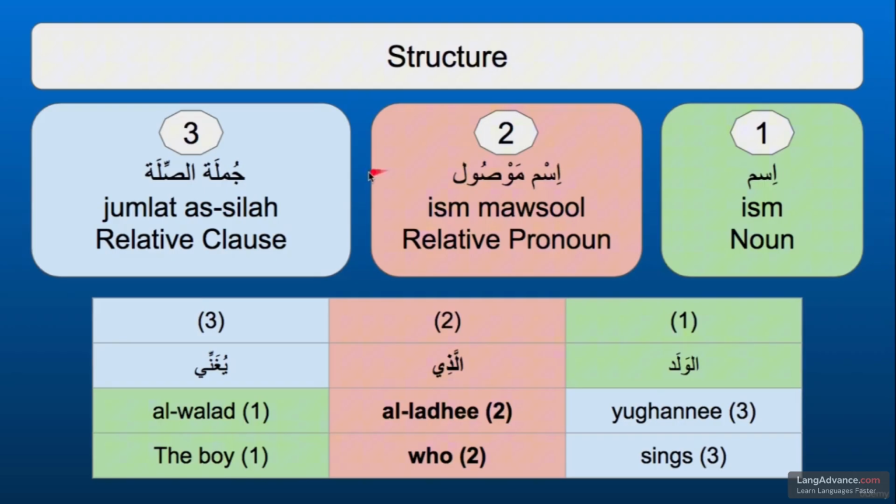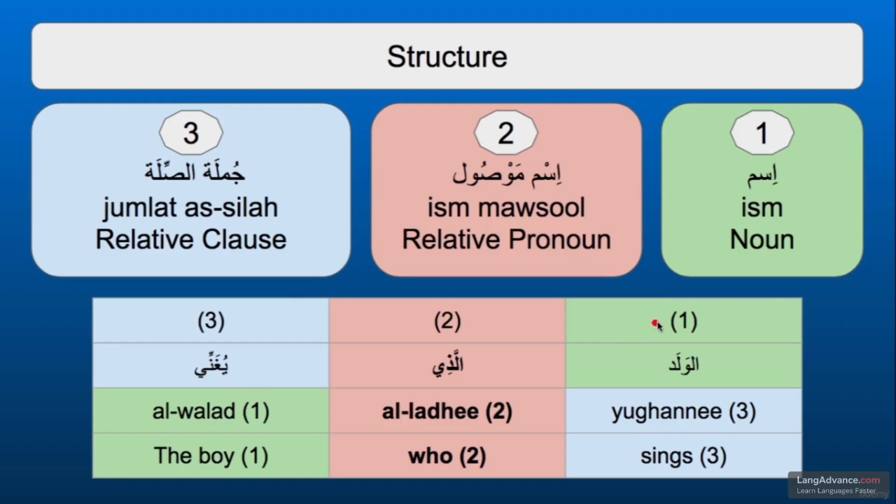And then you have what we know as jumlat as-sila, which means the relative clause itself, or sometimes they call it silat al-mawsul. So it's the remaining part of the relative clause that comes after the ism mawsul.